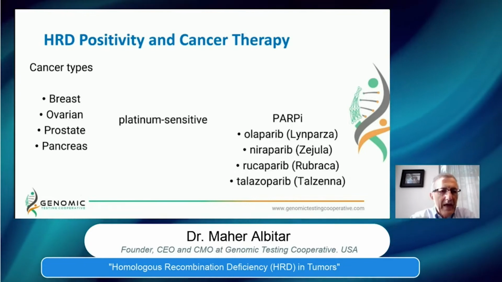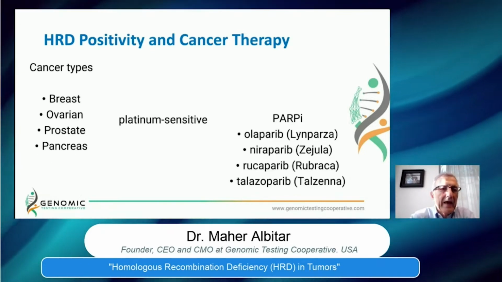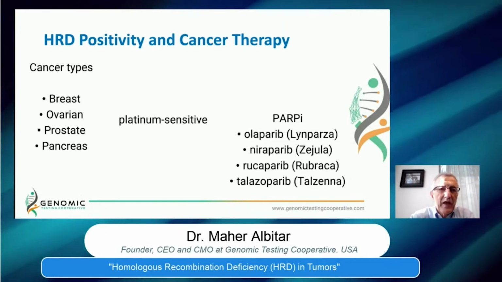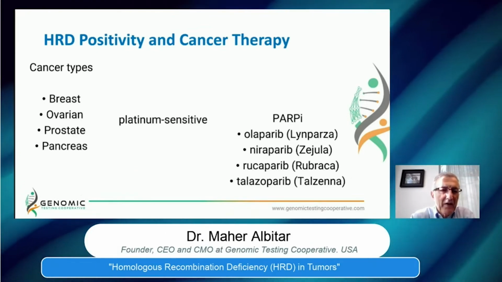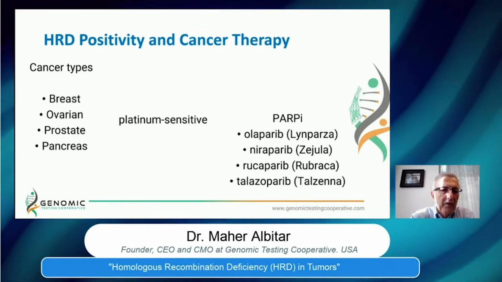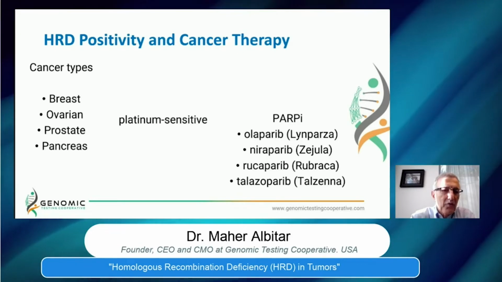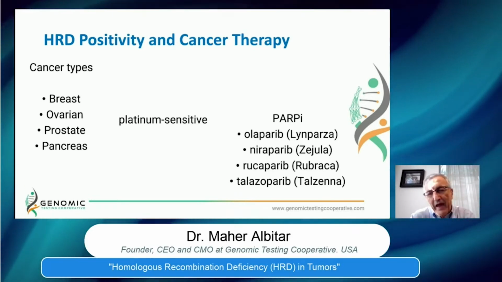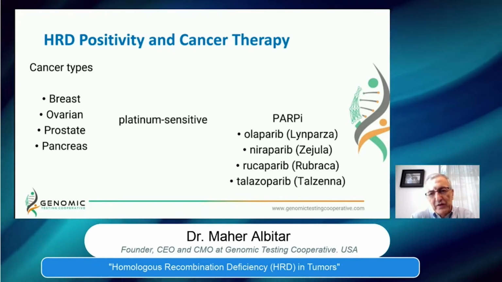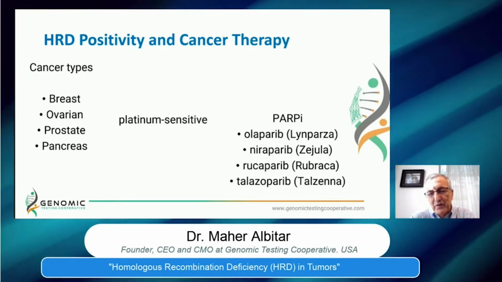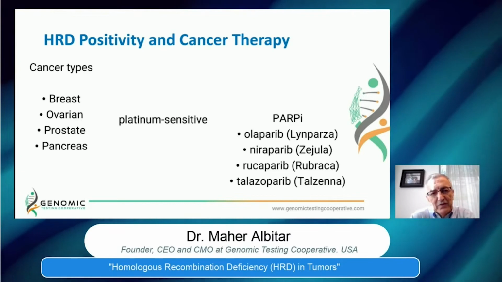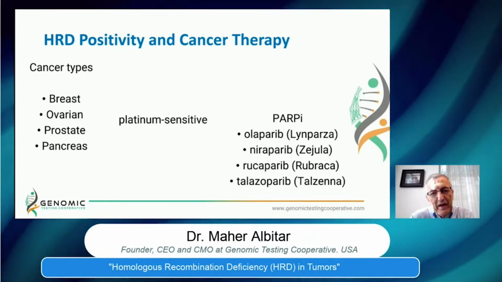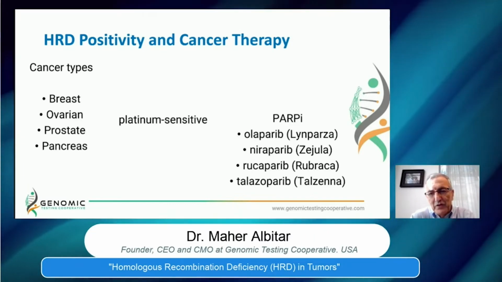So again, currently, homologous recombination deficiency, at least by FDA, is recommended for breast cancer, ovarian cancer, prostate cancer, and pancreatic cancer. And the drugs currently on the market are listed on the right, in addition to the platinum-based sensitivities for these patients.